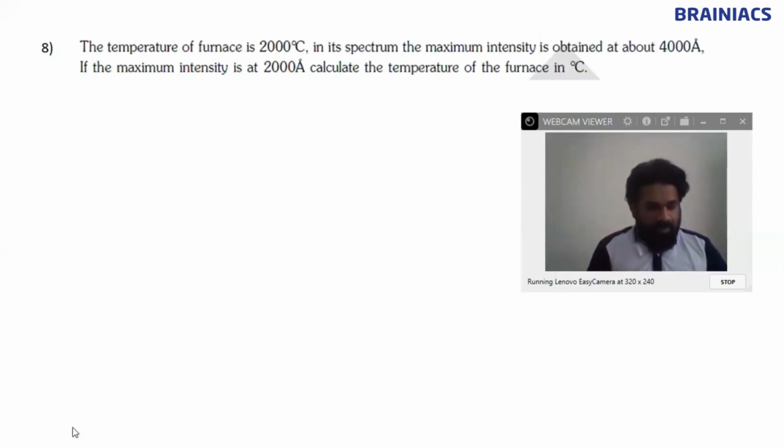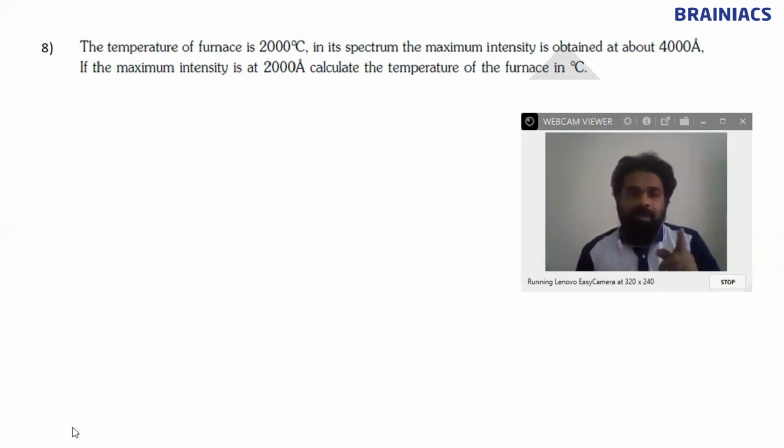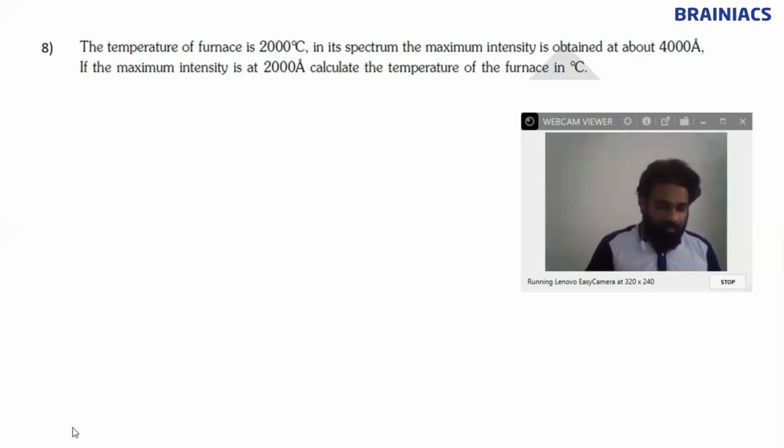Yes. So here the temperature of the furnace is 2000 degrees Celsius. In its spectrum, the maximum intensity is obtained at 4000 Angstrom, that is lambda m. If the maximum intensity is at 2000 Angstrom, then calculate the temperature of the furnace. Clear?